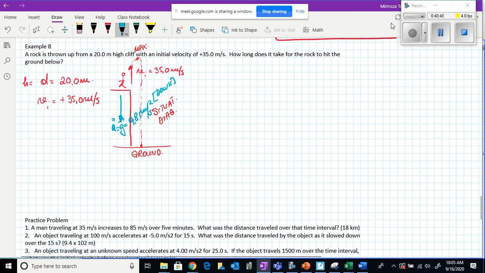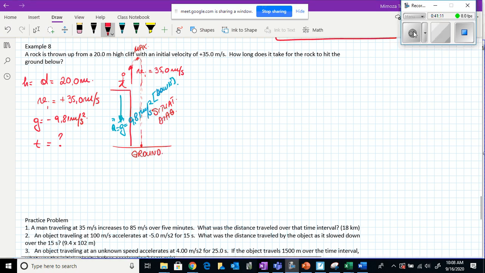You're going to add that piece of information here: negative 9.81 meters per second squared. So now what is the formula, and what we are looking for is the time.